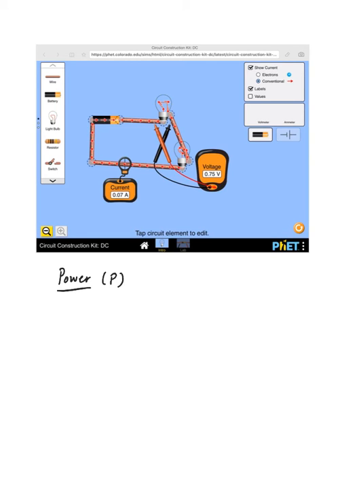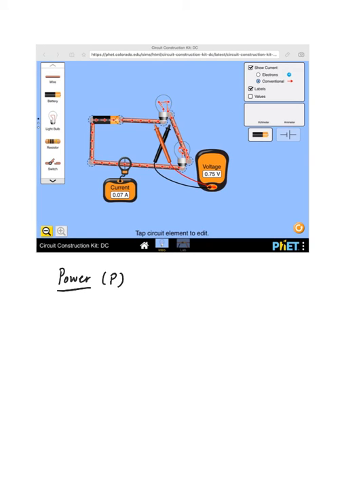We discussed power when we talked about motion. This was amount of energy expended per amount of time. In an electrical circuit, power takes on a similar meaning, except now instead of describing it with joules per second, we're going to describe it with our analogs of electricity's energy, voltage, and current.